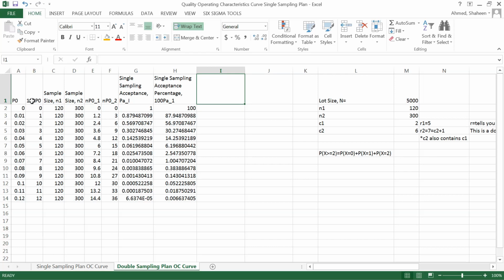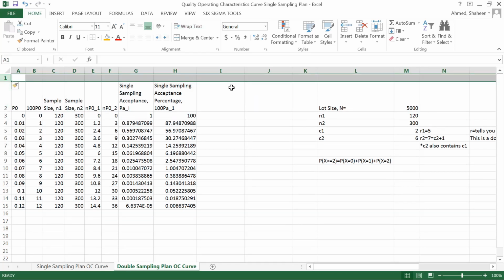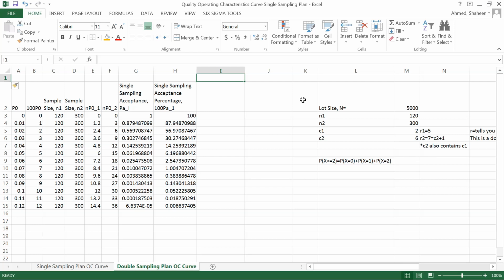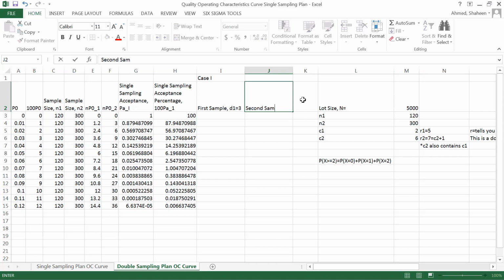Now there may be some situations. I'm going to insert one row here and title that Case 1, just for our convenience. For Case 1, imagine that in the first sample you get a number of defectives of 3.